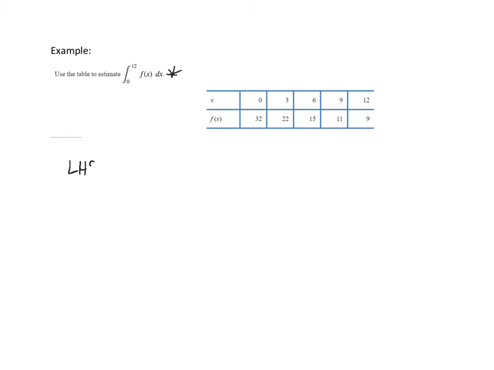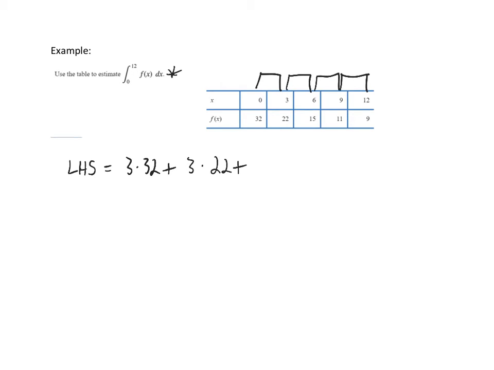So let's first do a left-hand sum. If I look, each one of these subdivisions is 3 wide. So using the left-hand sum from 0 to 3, we would be doing 3 times 32. From 3 to 6, we have a space still of 3, 3 times 22.